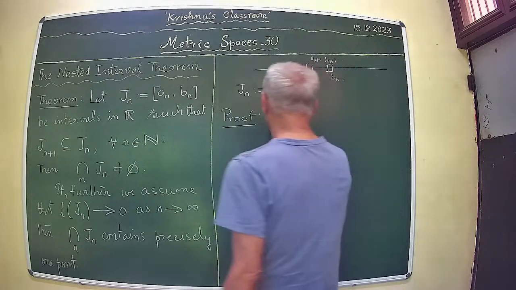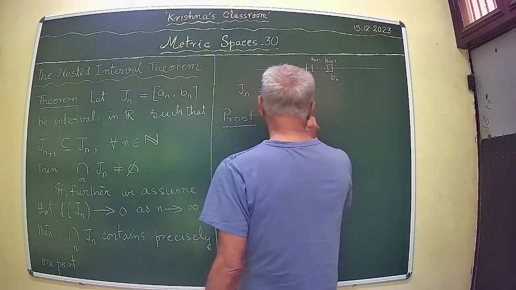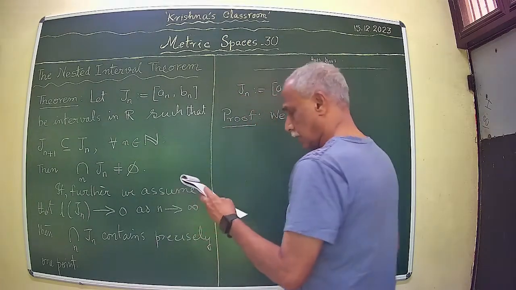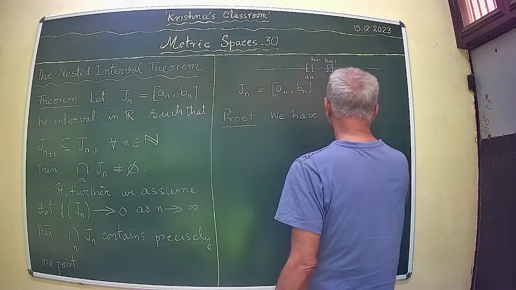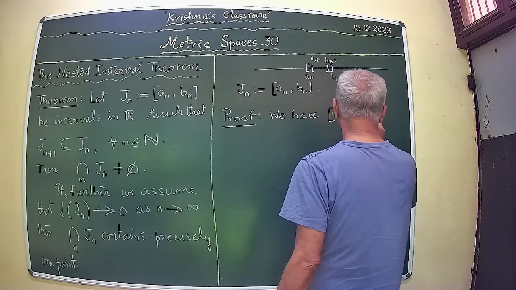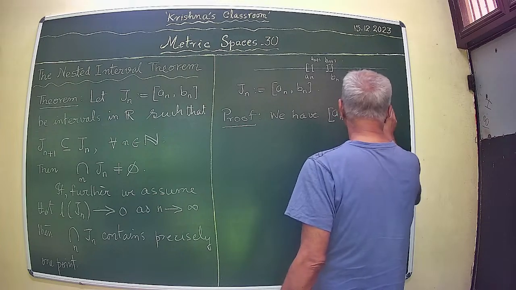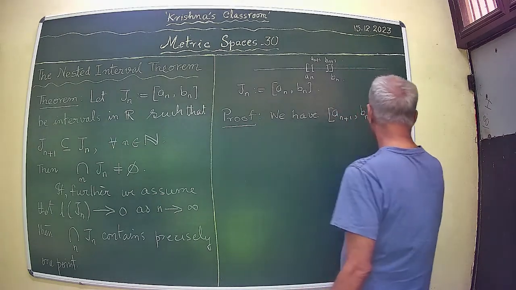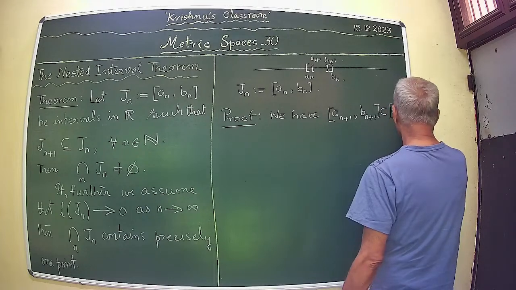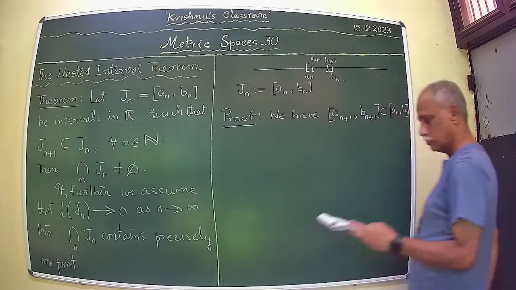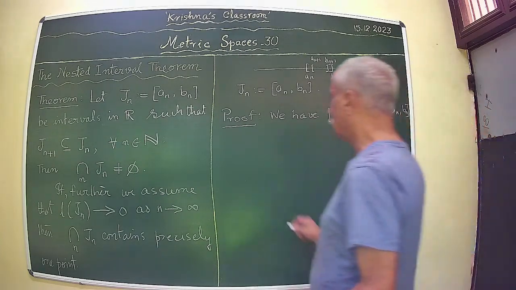So we have [an plus 1, bn plus 1] contained in [an, bn] for every n.